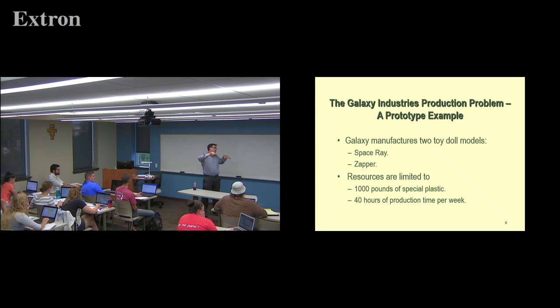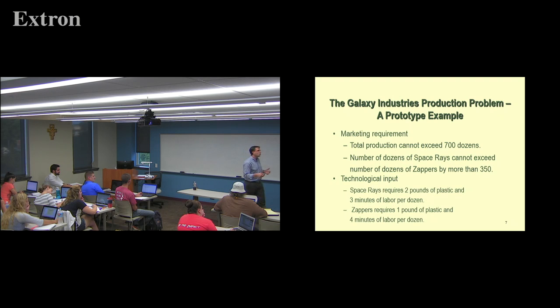We have 1,000 pounds of this special plastic. We have 40 hours of production time. Those are things that are holding us back. We also know that those buggers in marketing say don't make more than 700 dozen total. And they want to keep a good mix, so they say make sure that the number of dozen space rays cannot exceed the number of dozen zappers by more than 350.